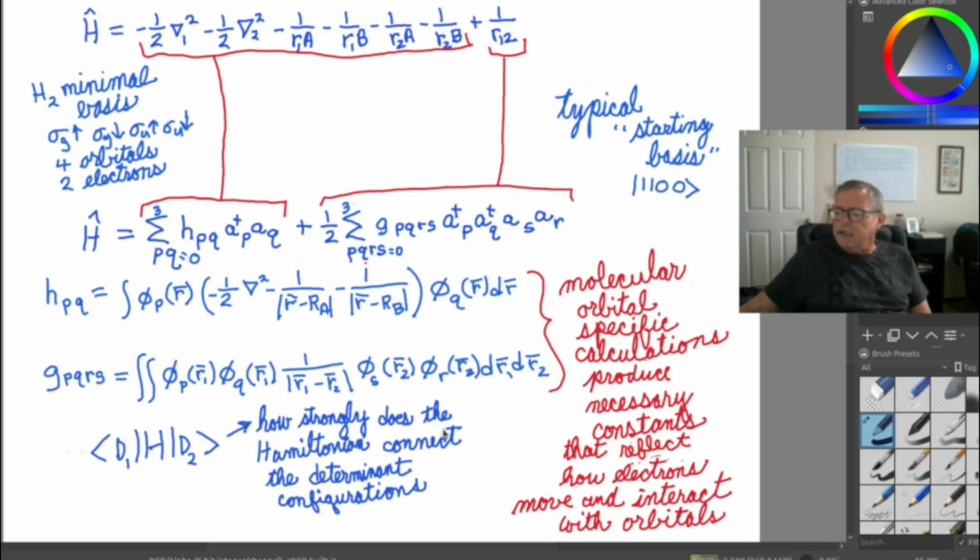How strongly does the Hamiltonian connect the determinant configuration? So this shows how those 2 determinants can be affected by the different molecular properties. That's all of this stuff, the H and the G and all that different stuff we went over in the last video.